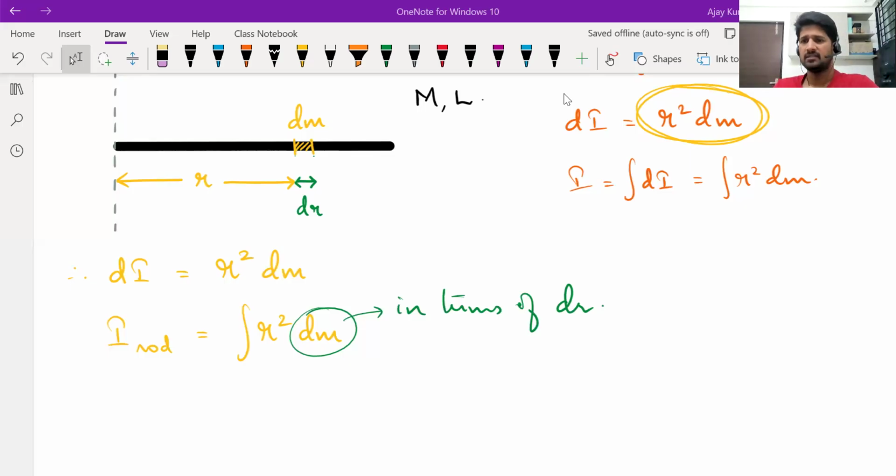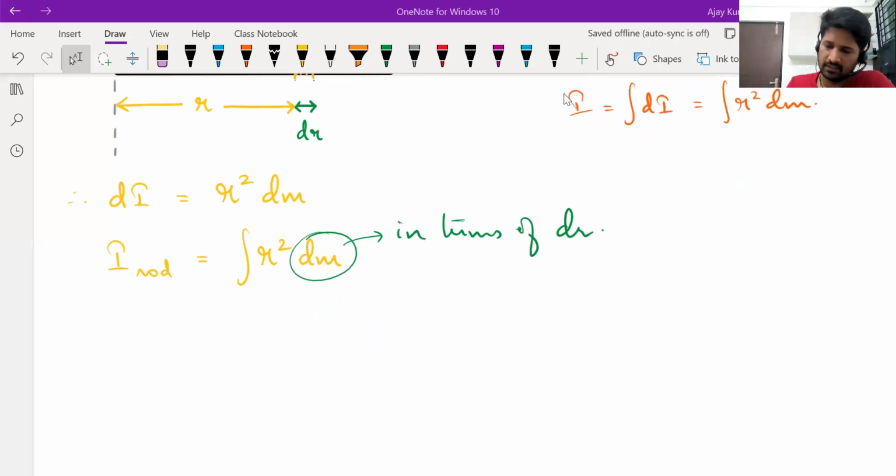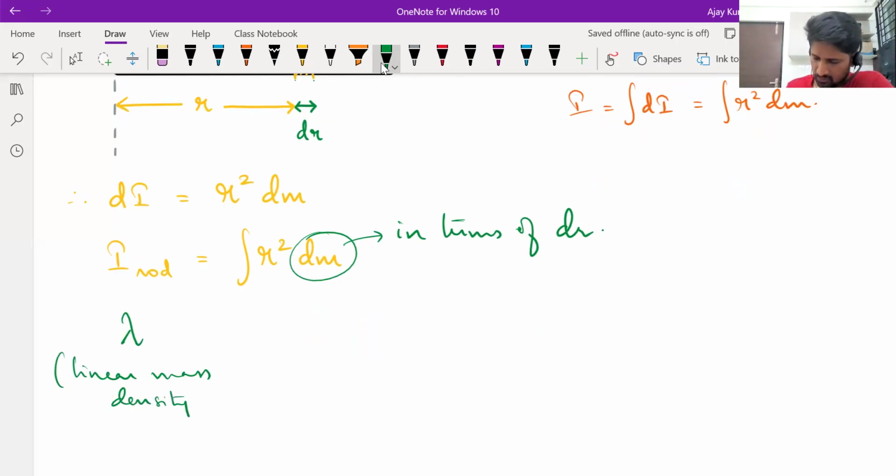And for linear mass distributions, how do we relate mass of an element to length of the element? For linear mass distributions, we use something called linear mass density. Generally, density is what relates mass to the space occupied.